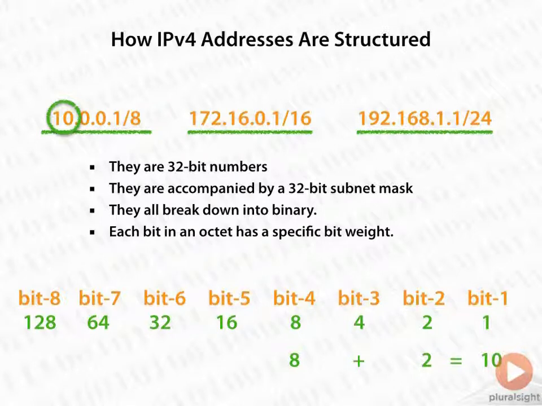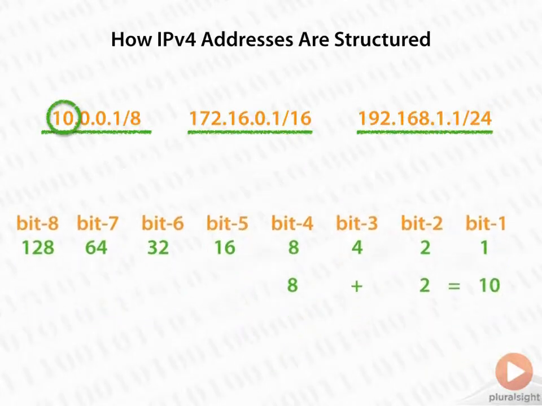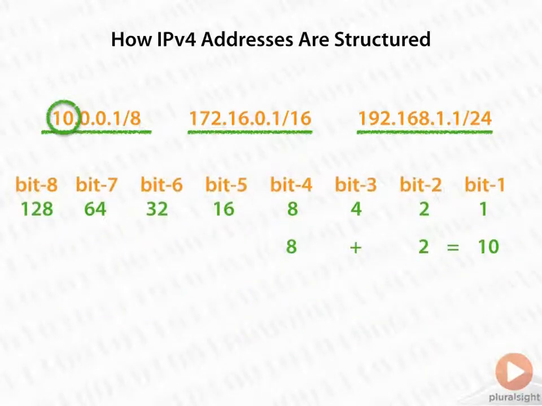And we could do the reverse process if we wanted to and convert from binary to decimal or decimal to binary, depending on which direction we want to go. So that's how we would figure that out.